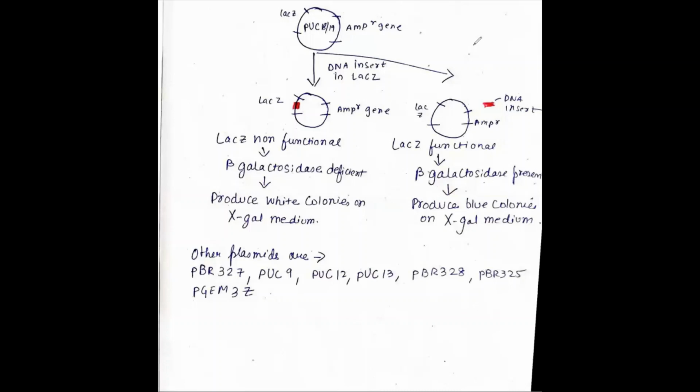The pGEM3Z is also similar to the pUC vector. It has the same size, lacZ also, ampicillin resistance, and then it has ORI. One thing it has is a promoter of T7 phage, that is an RNA polymerase, so we will learn more about it. This was all about plasmid vectors.